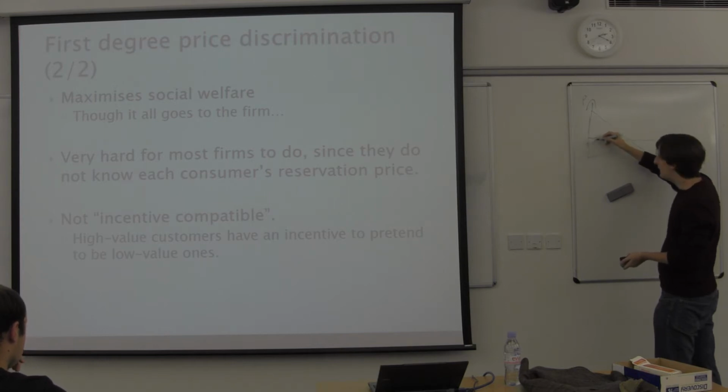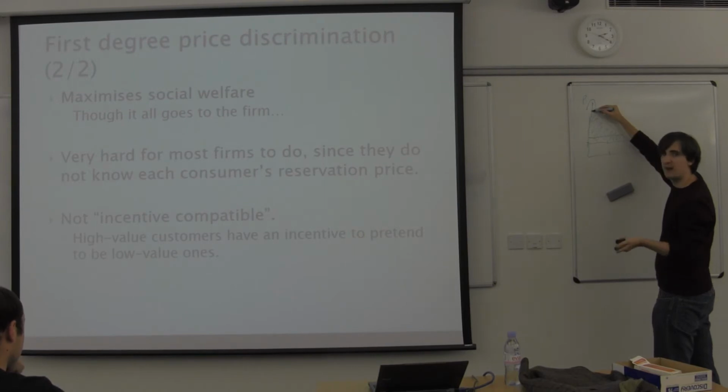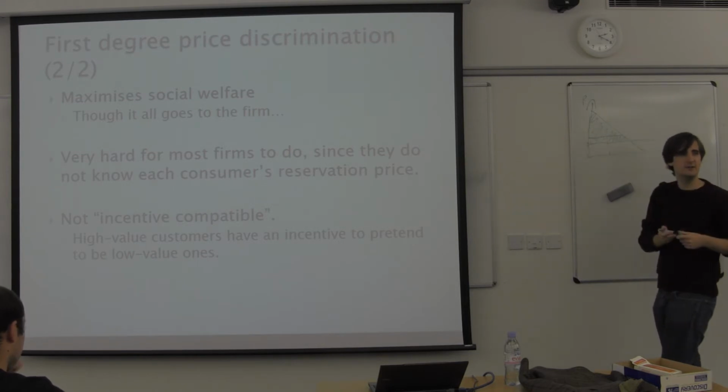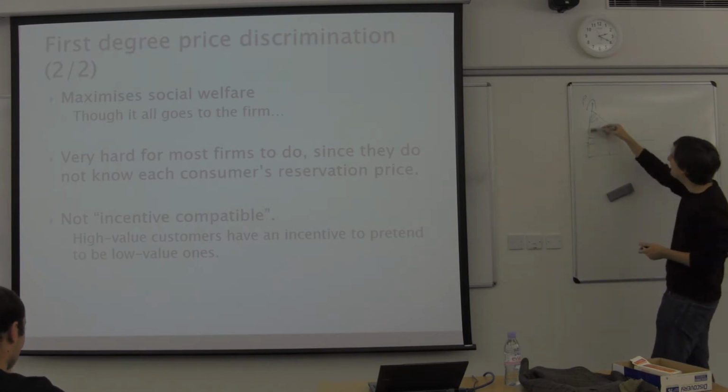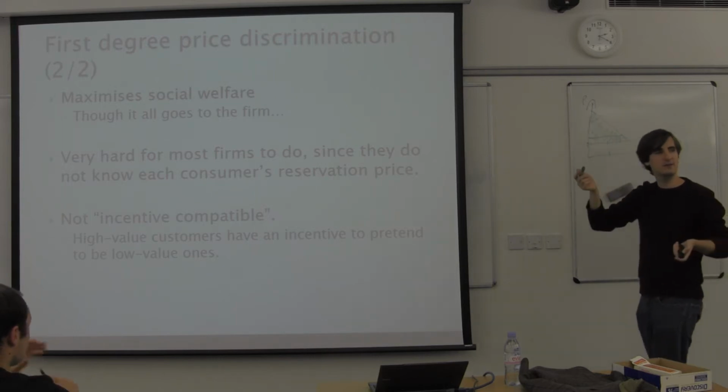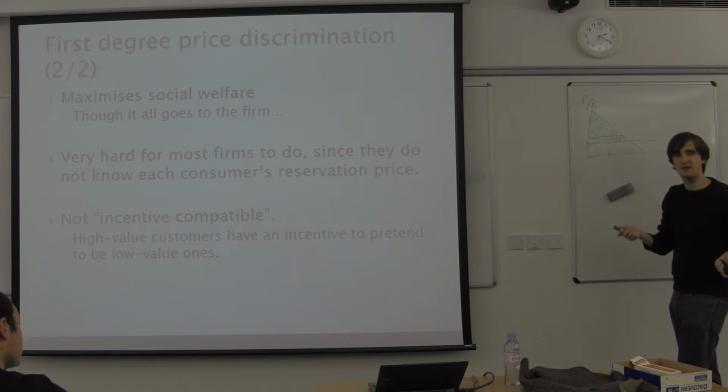Okay, so every consumer in this triangle is going to get to buy the good, but these people who are prepared to pay a lot are going to be paying a lot more than these people who aren't prepared to pay a lot. Okay, so there's no dead weight loss, because everyone who should be buying the good gets to buy the good. There's no consumer surplus either.